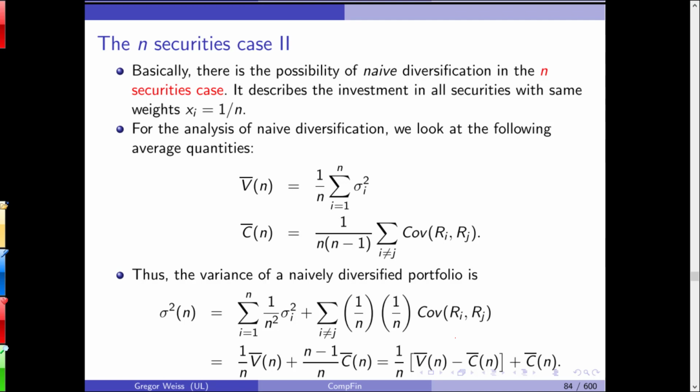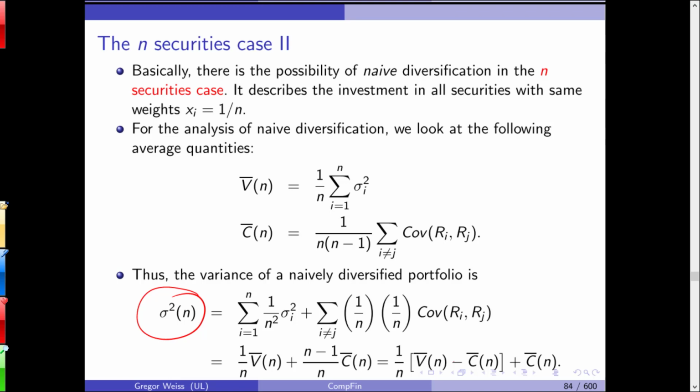And if you rearrange this with these average quantities, you will see that this is nothing but the average variance minus the average covariance weighted with 1 over n, plus the average covariance.